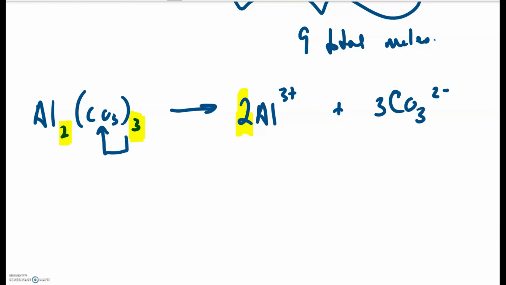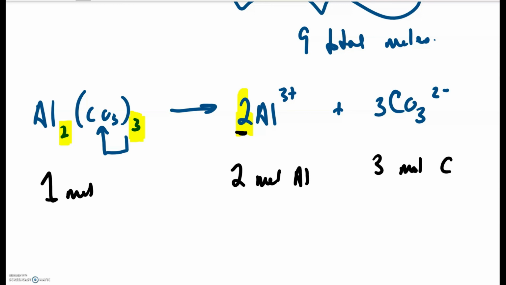So when you did this, if you dissolved 1 mole of aluminum carbonate, you'd get 2 moles of aluminum because of that coefficient, and 3 moles of carbonate. We're not dissociating anything in the parentheses. We leave these alone. Okay?